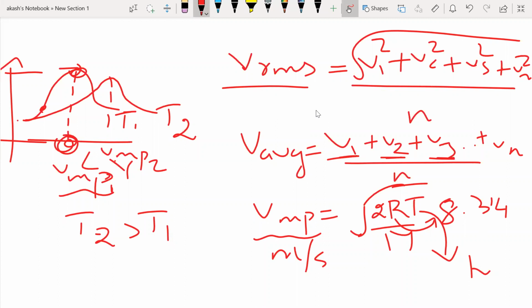This M is the molar mass of the gas, so it's going to depend on the gas. If it's oxygen, you have to put 32. Remember, it's O2, not an oxygen atom. So that's the formula for the most probable velocity.